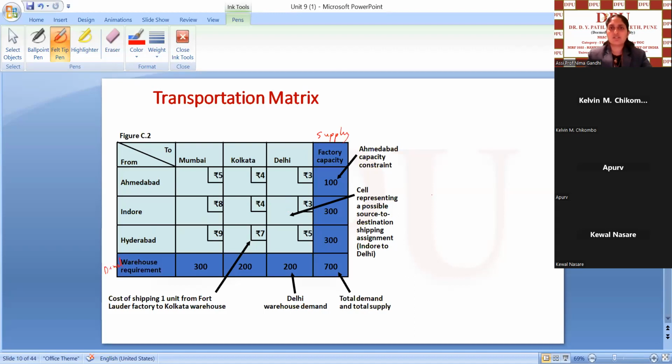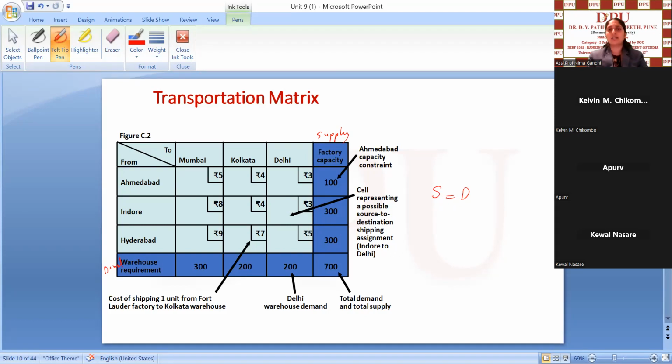You will always check whether your supply is matching with the demand or not. If it is matching, you can go for the further treatment and solve your problem. If your supply is not matching with the demand, we have to take corrective actions.